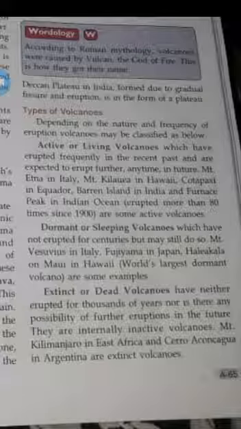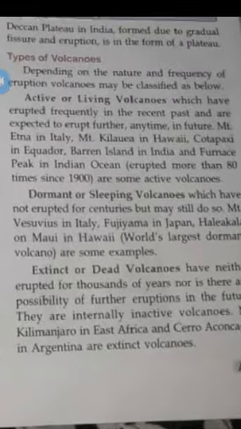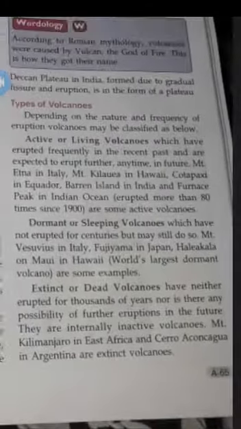Mount Vesuvius in Italy, Fujiyama in Japan, Haleakala on Maui in Hawaii, the world's largest dormant volcano, are some examples.